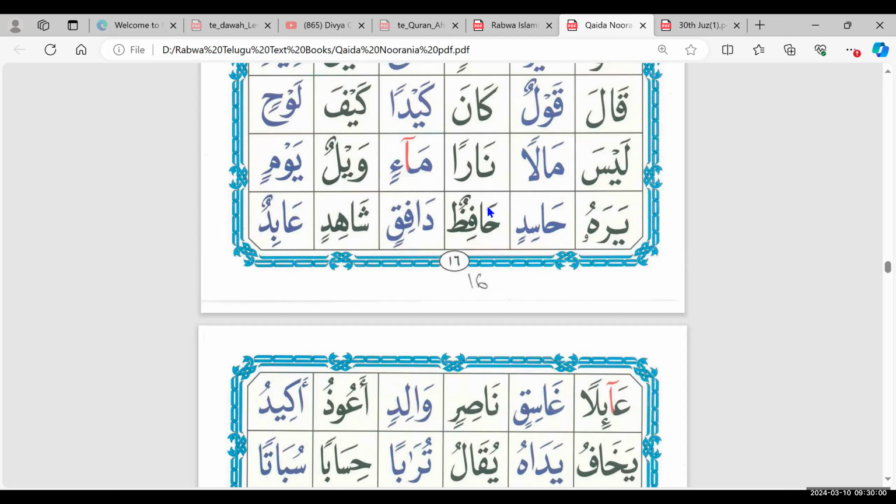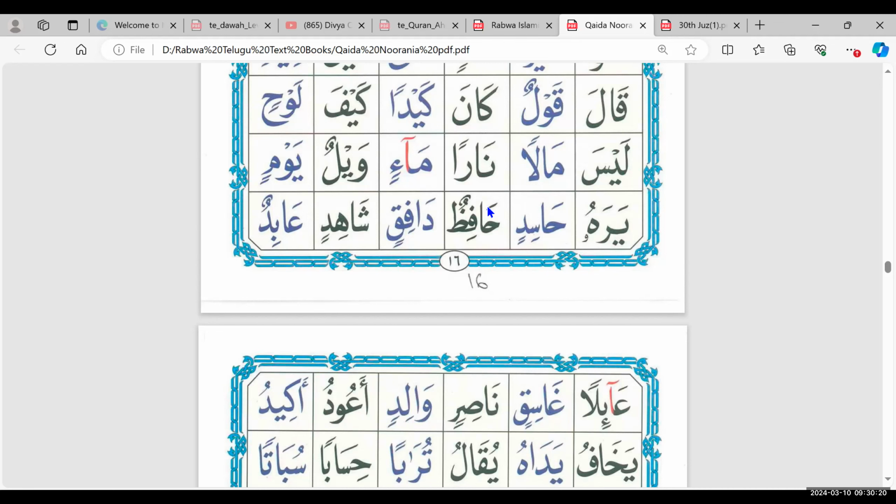So like this, qaf fatha alif, or lam fatha alif, qala. Can I read it like qaf fatha alif, or lam fatha alif, qala? Can I read like this?